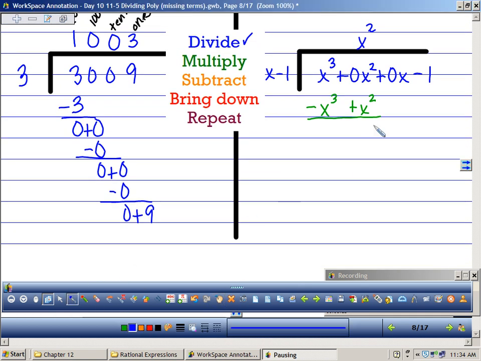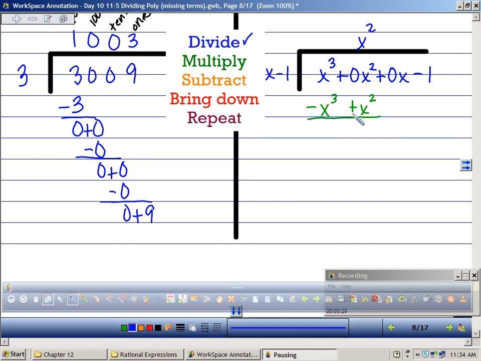I'm left with, what is 0x squared plus x squared? If you have no x squared and I have 1x squared, how many do we have together? x squared. x cubed minus x cubed, that goes away, right? That's nothing.